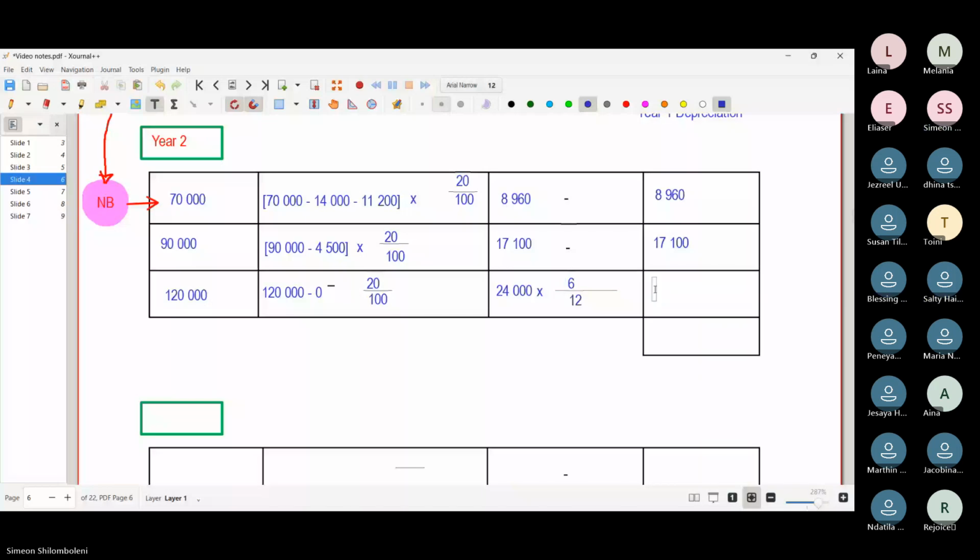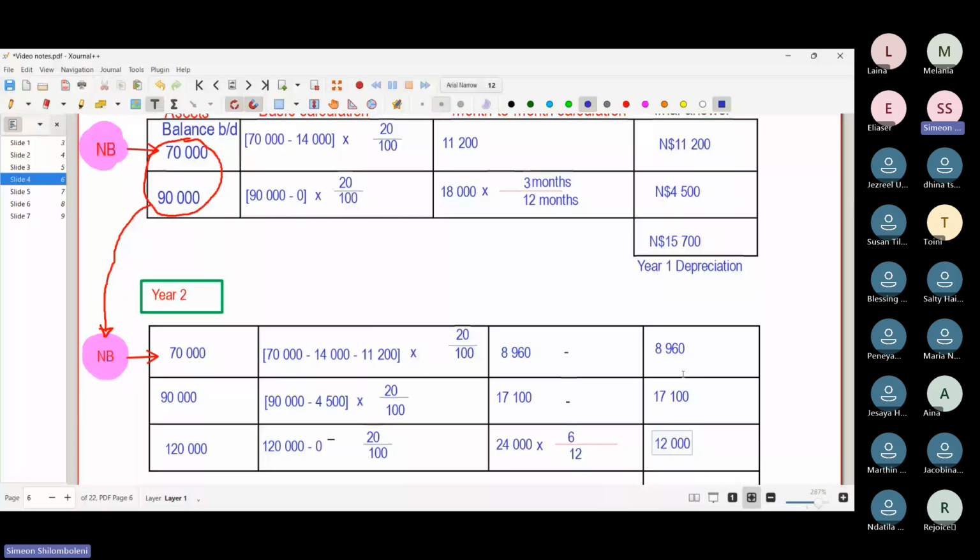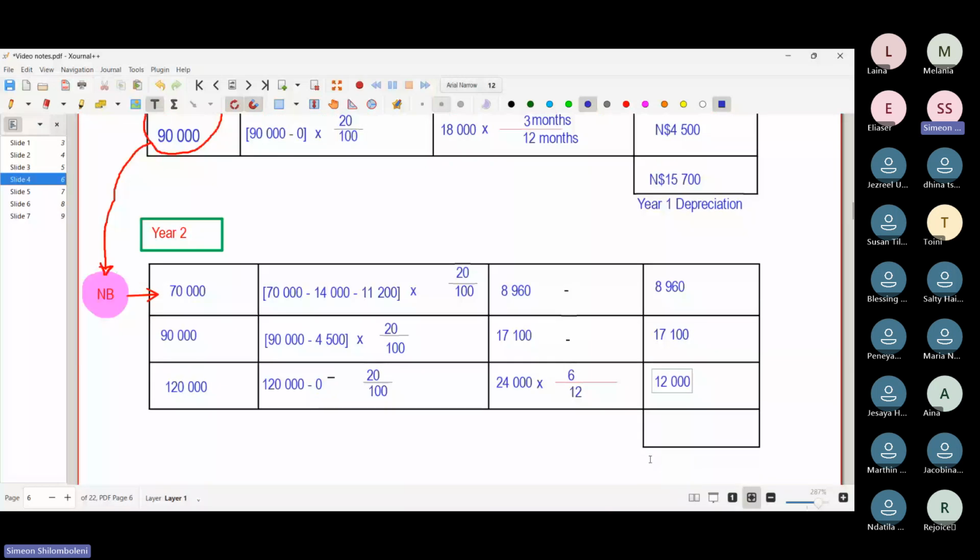12,000. Now this is the depreciation for the first asset, depreciation for the second asset, depreciation for the third asset. But the depreciation that you are going to record should be the total for year 2. If you have 20 assets, you calculate each asset on its own and you add it together.